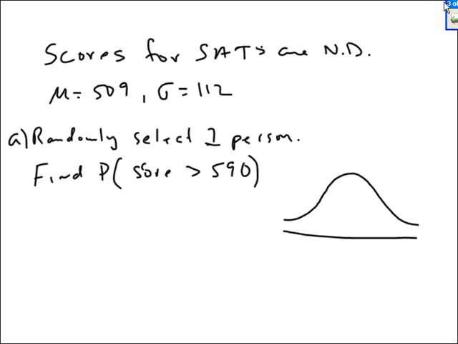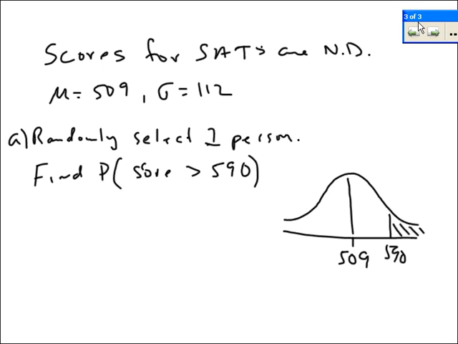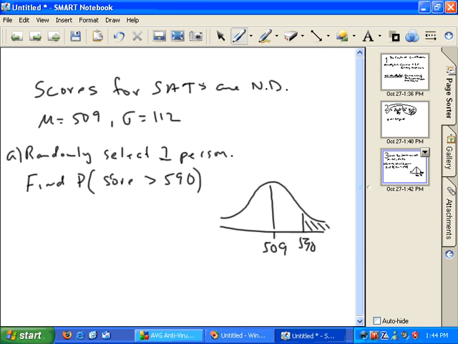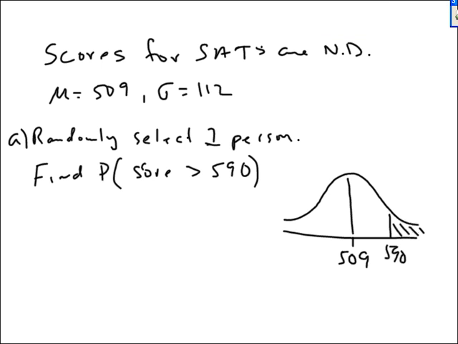The mean is 509. 590 is to the right of 509, and we would love to know that area. Okay, and I had to go find my Z table. I'm sorry. So we want to know the probability that the score is greater than 590.